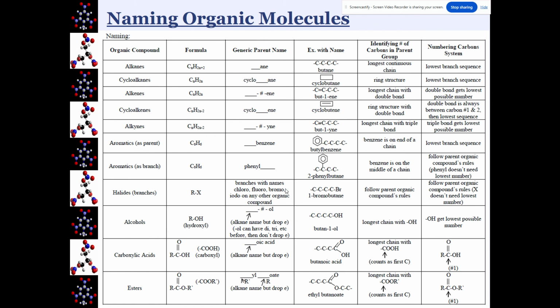Okay, but notice here in some of my compounds, like my alcohol, I have something called an OH. We call that a hydroxyl functional group. R just means that this can be any type of carbon chain or ring structure, but if there's an OH, an oxygen and hydrogen bonded to it, it's called a hydroxyl functional group.